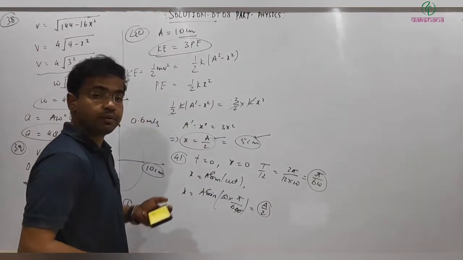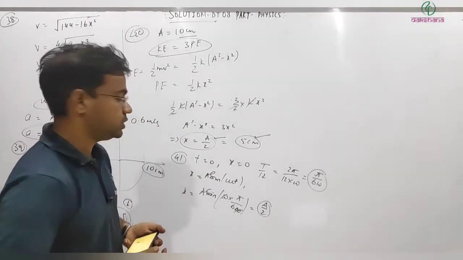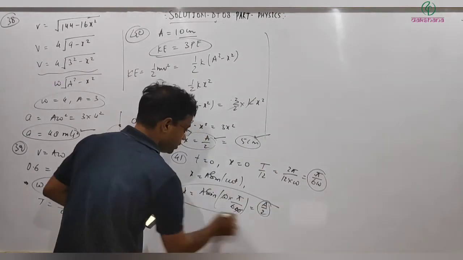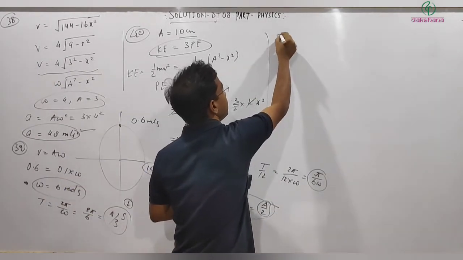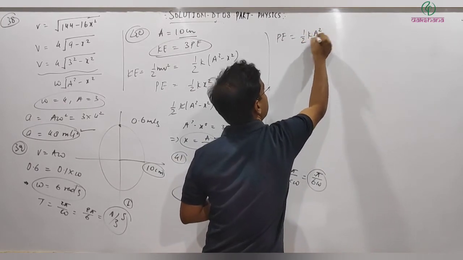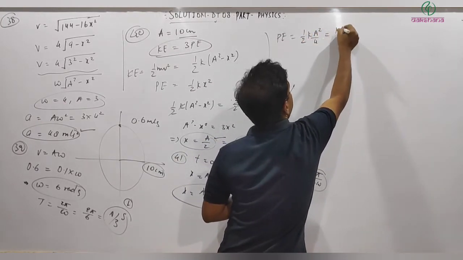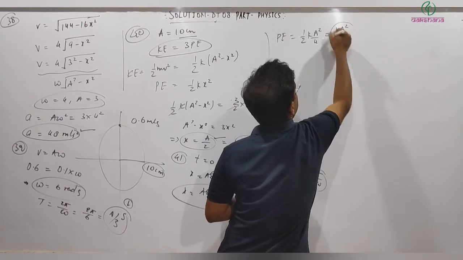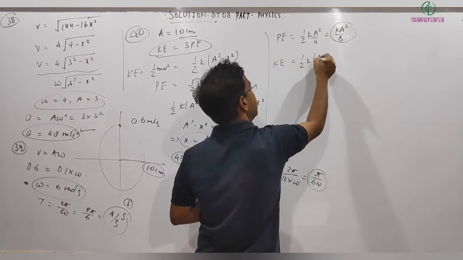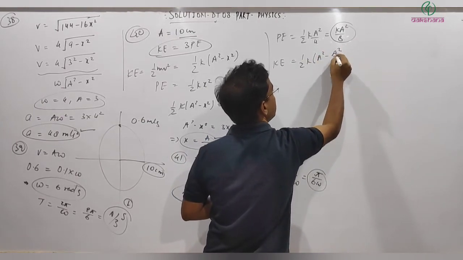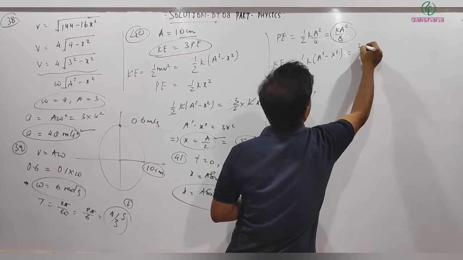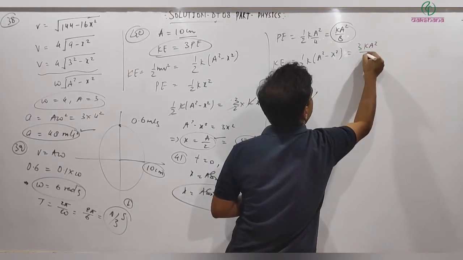So at t by 12 the particle is at a by 2, then kinetic energy and potential energy can be written. So this is x, then potential energy is half k x square, a square by 4, k a square by 8. Kinetic energy is half k a square minus x square, that is equal to 3 k a square by 8.